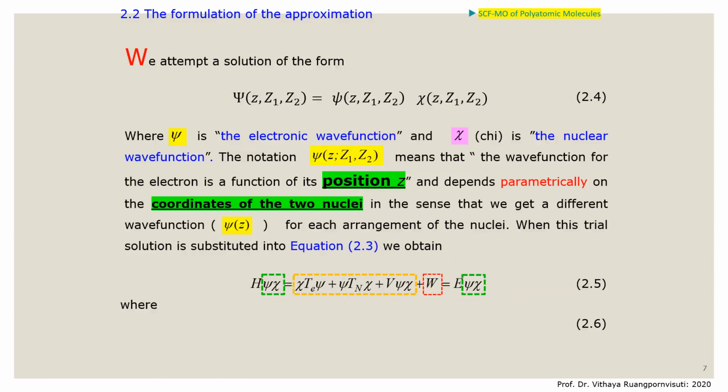Based on the Born-Oppenheimer approximation, the wave function needs to be separated into the electronic wave function and the nuclear wave function.